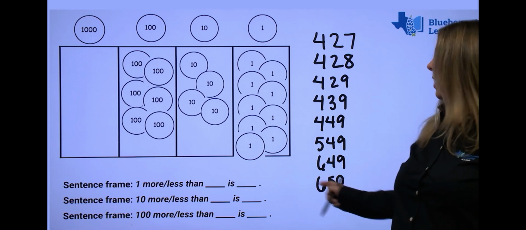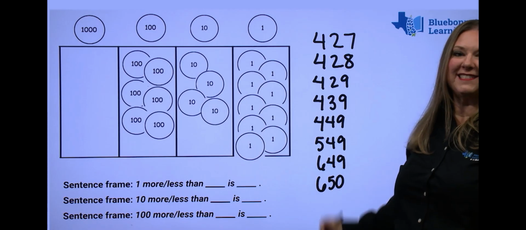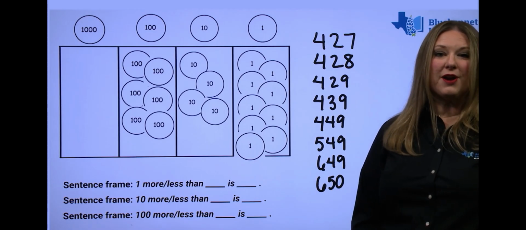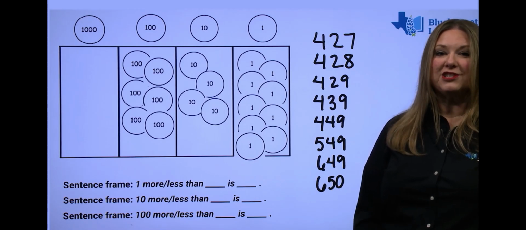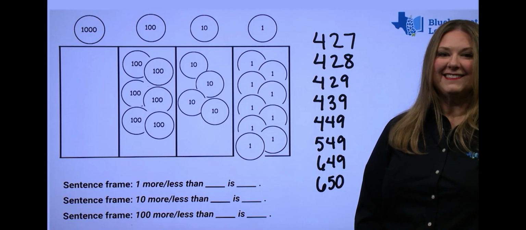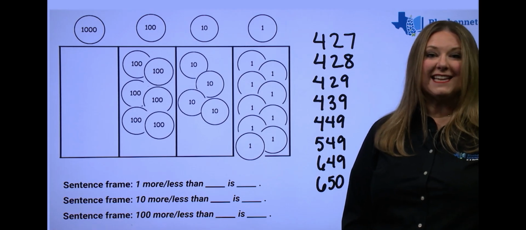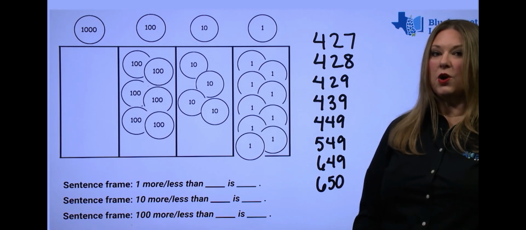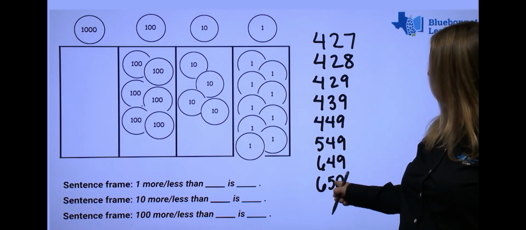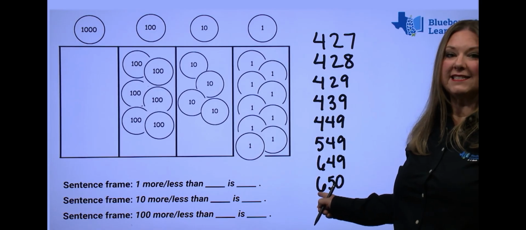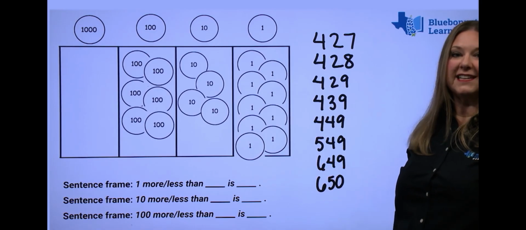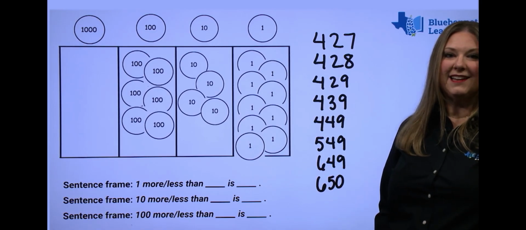Now, what if I went backwards with all of these? Turn and talk to your partner. How would that change? That's right. Now we're going to be using the less than sentence frames. So let's use those. 1 less than 650 is 649.